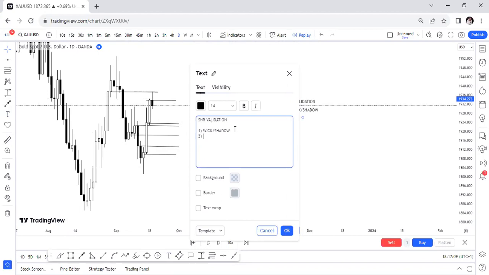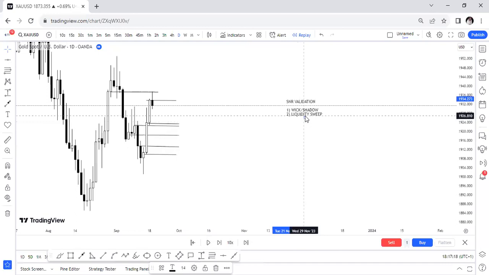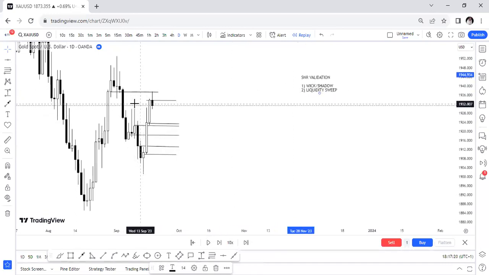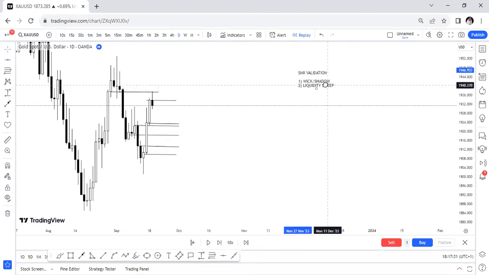Then you want to see a liquidity sweep, LS. There's also a miss here, so there's a space here. But those two factors are the most important ones, very significant, more than the miss.